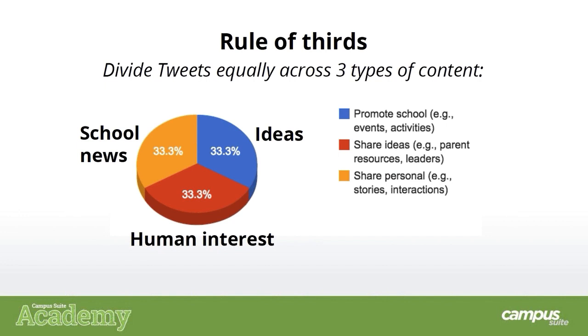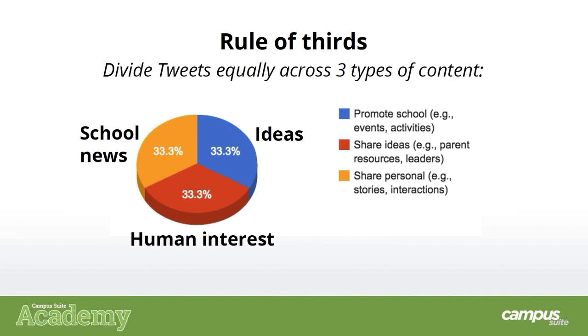If there's any one takeaway from the content section of today's presentation, it's this rule of thirds, and this relates back to those variety of content sources on a previous slide. As you determine how content relates to your school, you can really break it down into three types of content.